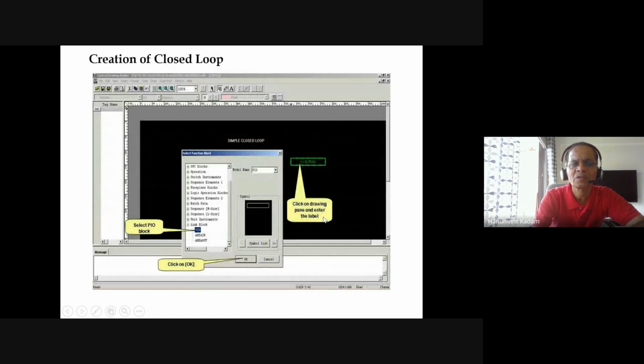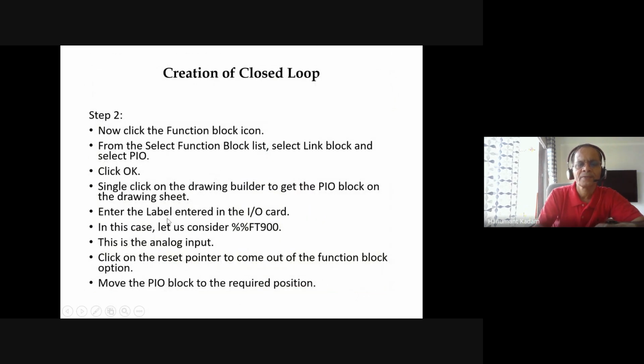This is important here: enter the label entered in the IO card. In this case, let us consider percentage FT 900. This is analog input, percentage FT. The percentage is there, following proprietary practices for tagging it.